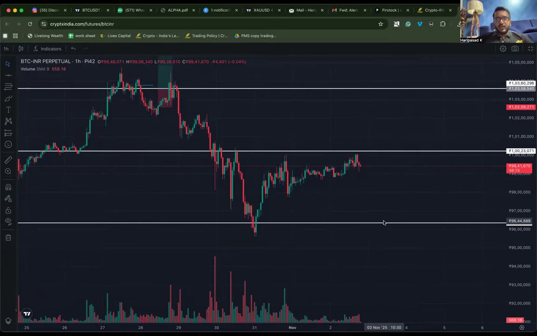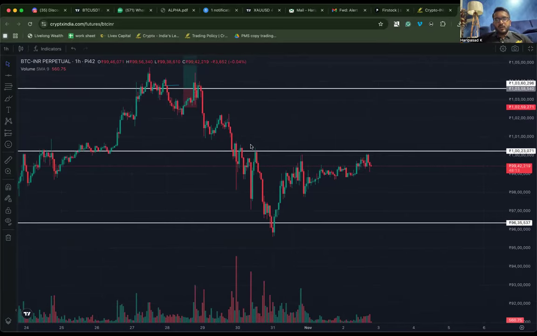So as a directional trader, where do you think we will get a good risk reward ratio? Is it on the long side or on the short side?